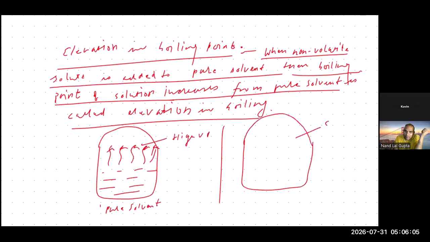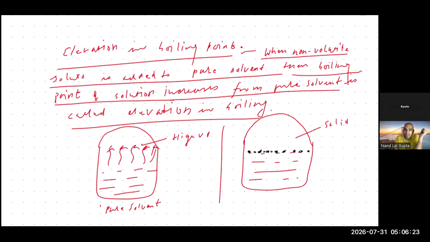Whatever liquid is there, and the solid particles will also be there because it is a solution. So the surface area for the liquid is decreased, and the vapor pressure also decreases.